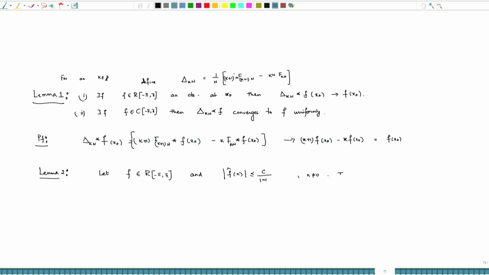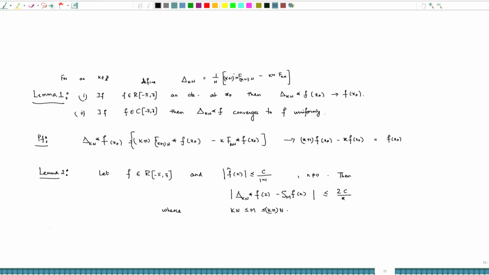Then mod of delta_{kn} convolution of f at x minus S_m f of x is less than or equal to 2c by k, where kn is less than or equal to m is less than or equal to (k+1)n.